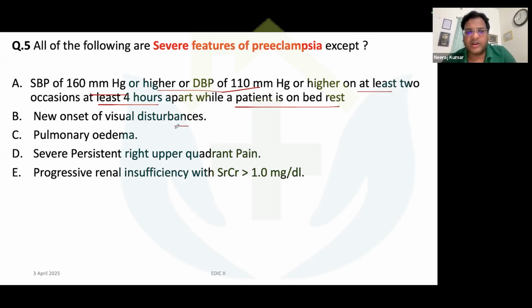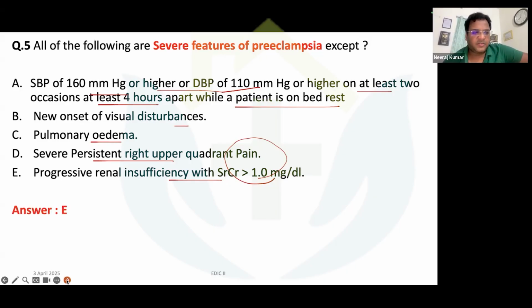Then new onset of visual disturbances, pulmonary edema, severe persisting right upper quadrant pain, and progressive renal insufficiency with serum creatinine of more than 1 mg/dL. Which option do you feel is it? Take note, all of the following are severe features of preeclampsia except.